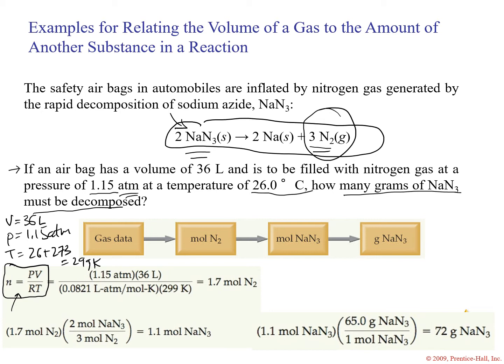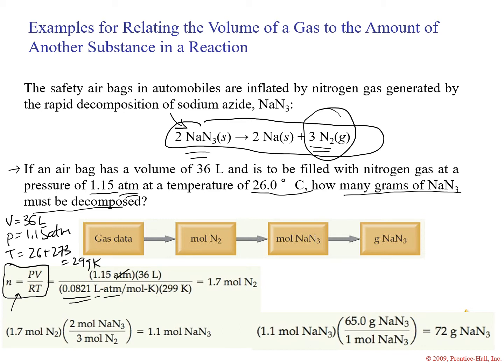So plugging in this data, notice that atmospheres for pressure and liters for the volume allow us to use the value for the R constant, which has the corresponding units, liters and atmospheres.